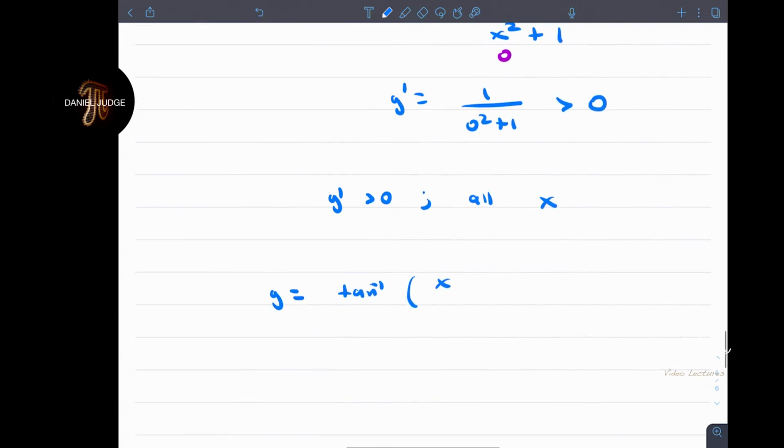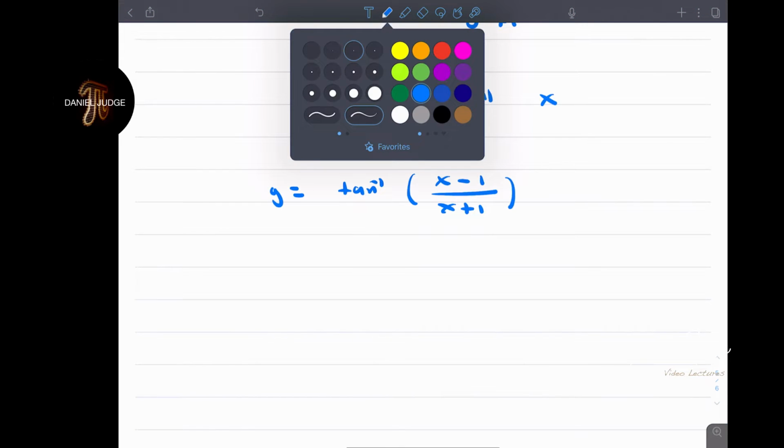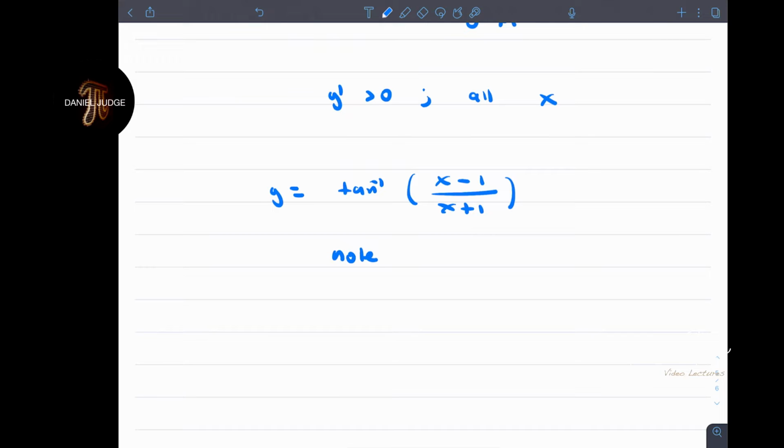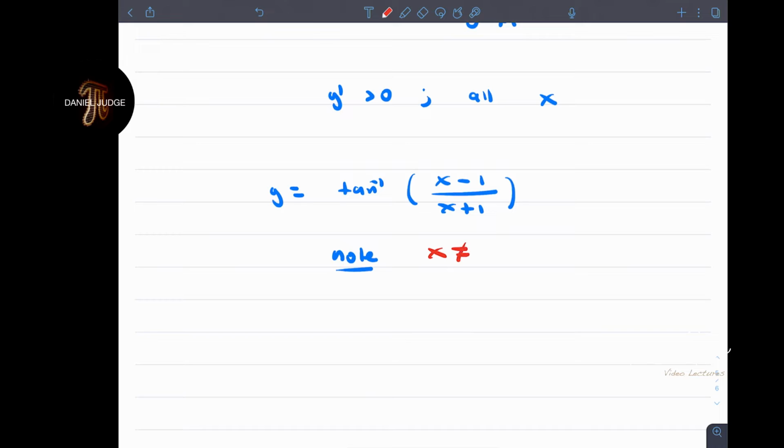All right. Now, let's note something here. x could not be negative 1. Or can it be, right?